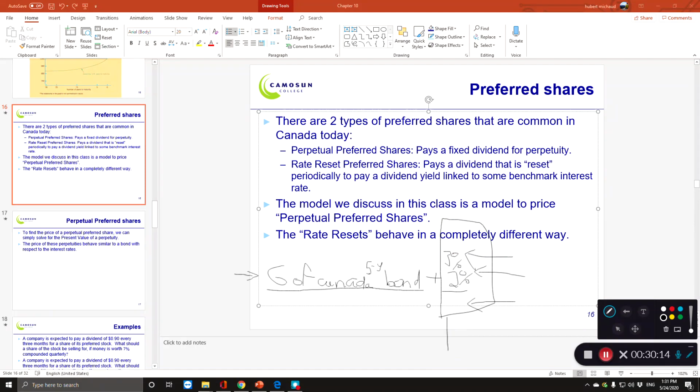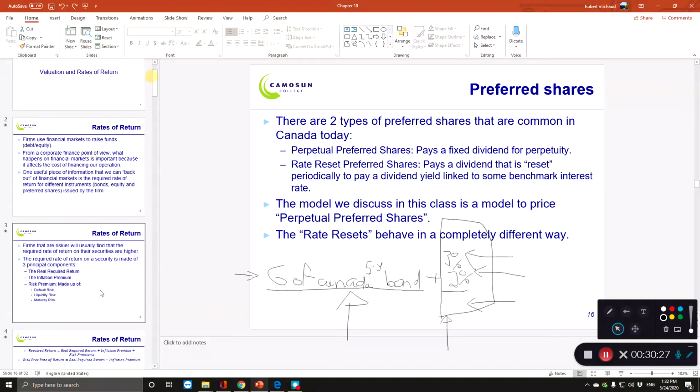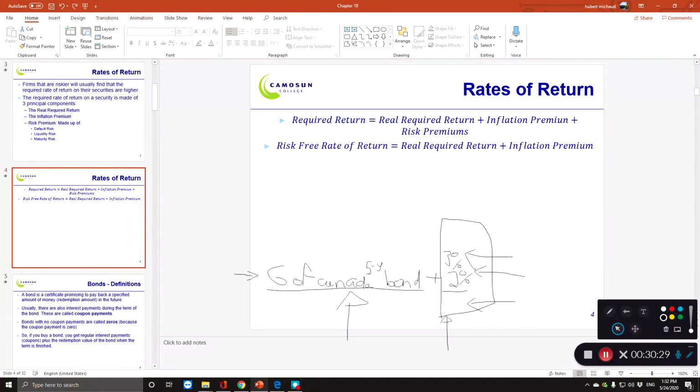Okay, these numbers, right, these pluses here, that's the risk premium, right? The Government of Canada 5-year bond is considered the risk-free rate. So if we go back to my previous slides, up here, right, the Government of Canada doesn't have a risk premium because it's riskless.